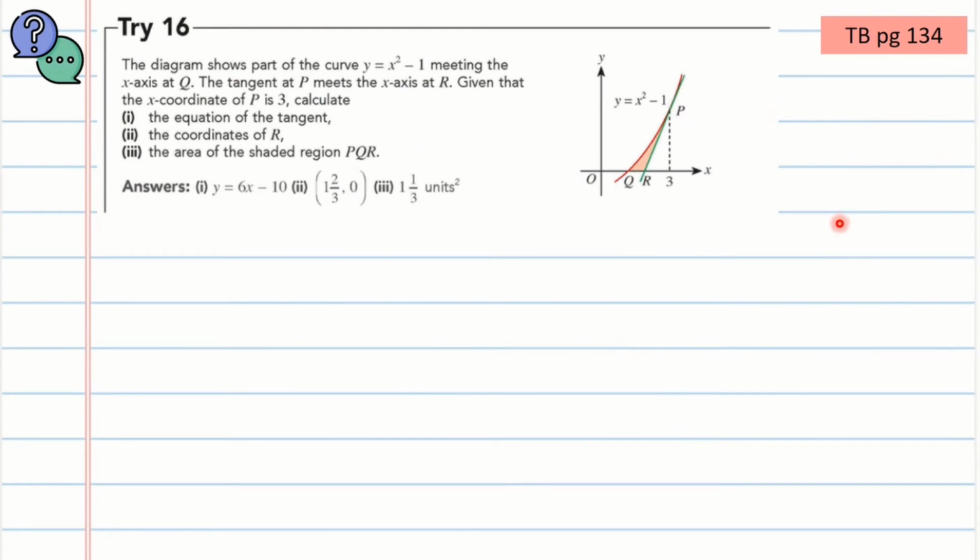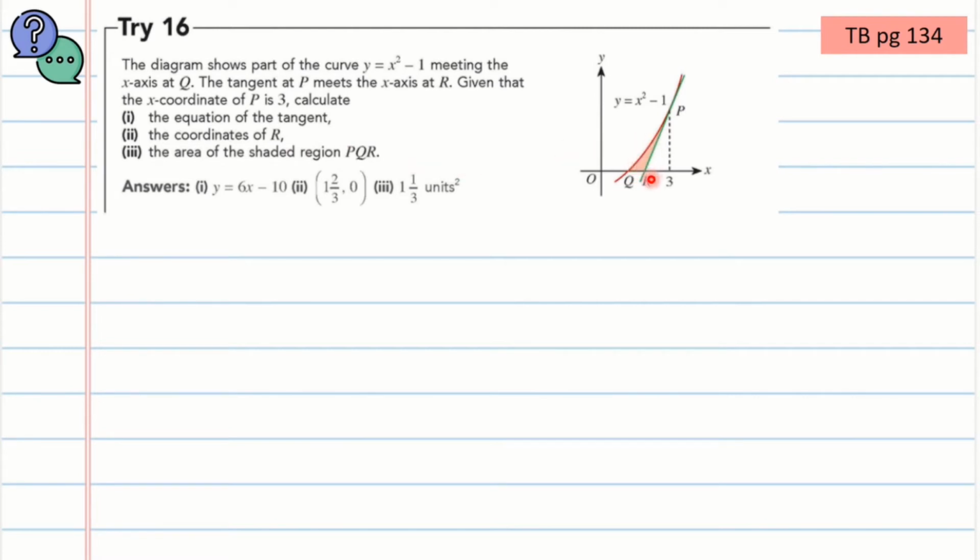Let's take a look at Try 16 now, where we are shown a diagram. Part of the curve y equals x squared minus 1 meets the x-axis at Q. The tangent at P meets the x-axis at R. And given that the x-coordinate of the point P is 3, we want to first find the equation of the tangent, then find the coordinates of R, and lastly find the area of the shaded region PQR.